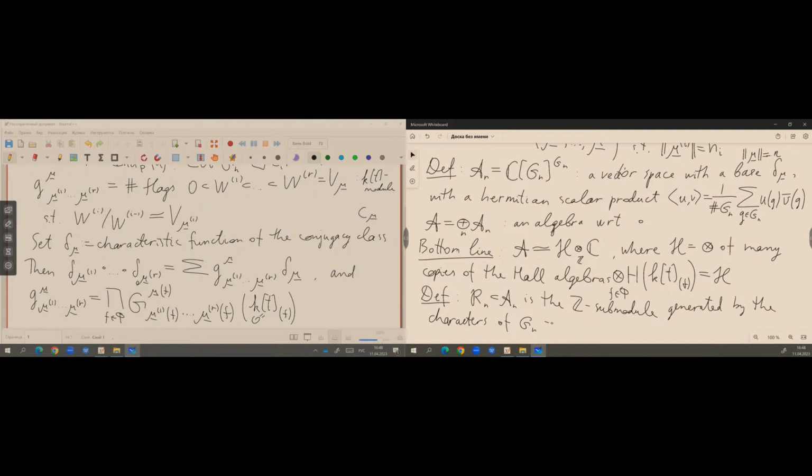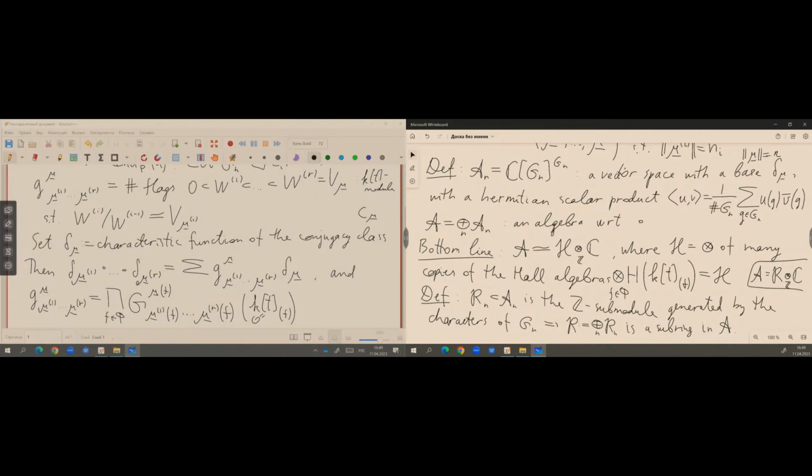Okay. Well, then by definition, R, which is the sum of all R_n, is a subring in the whole of A. And also, A is just the extension of scalars from integers to complex numbers.